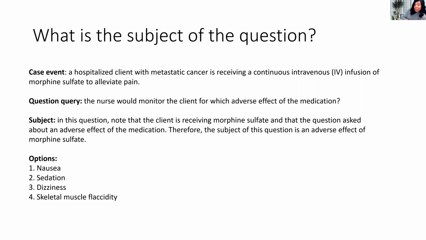In this question, note that the client is receiving morphine sulfate, and the question asked about the adverse effect of the medication. So you have all of this additional information here. Yes, the patient is in the hospital. Yes, she has metastatic cancer. But the key subject here, if you remove all of the other components, is the patient is receiving morphine. What's the adverse effect of this drug? Main subject. So therefore, the subject of this question is an adverse effect of morphine sulfate.